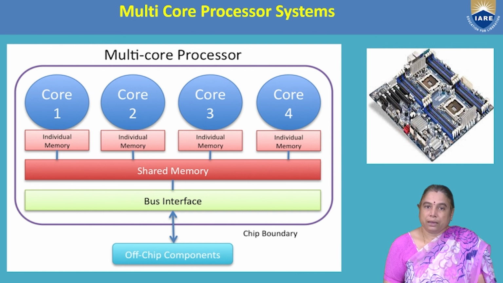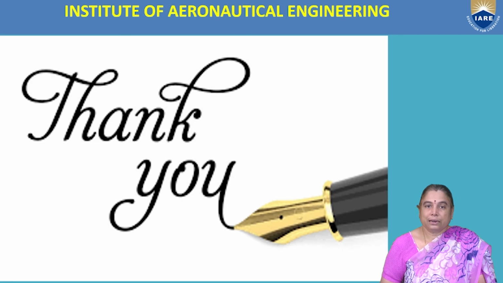How is the CPU clock time measured, what parameters can be considered in order to improve the CPU performance, and how can multi-core processors be used for parallel execution of the instructions? So this is about the basic organization of the CPU.